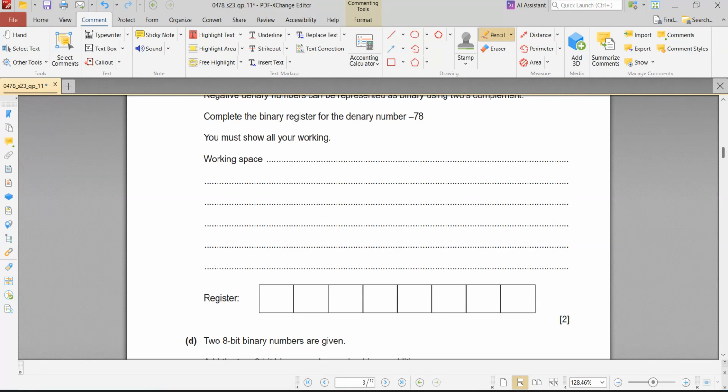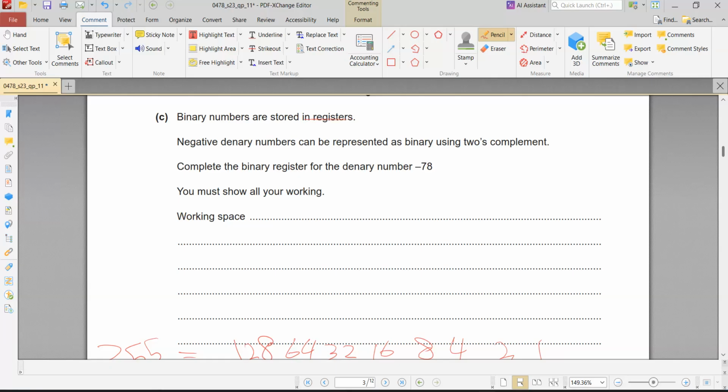So I'm going to put 128 in here, 64 in here, 32, 16, 8, 4, 2, and 1. So this gives me 255 for the 8-bit register.